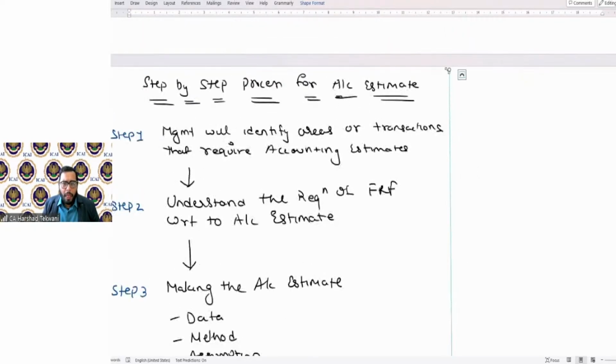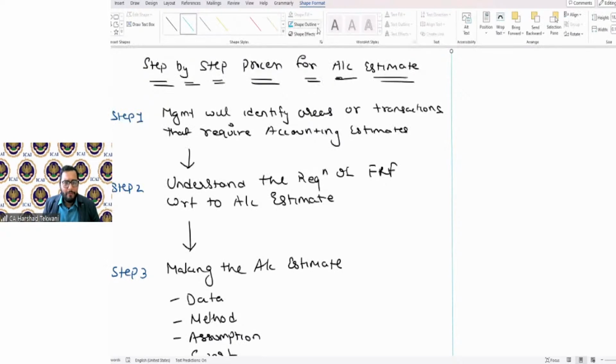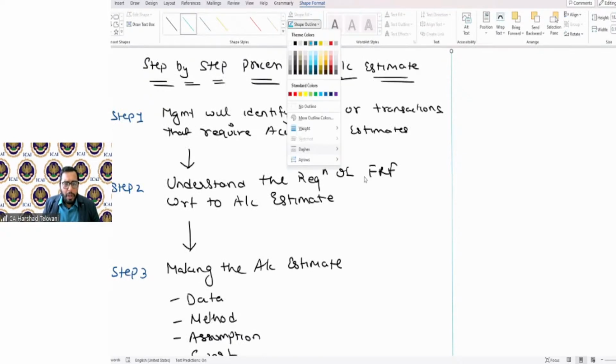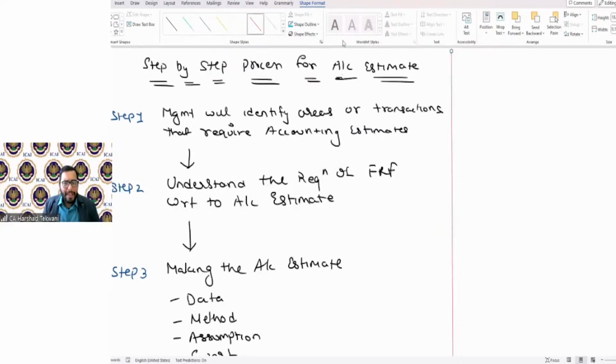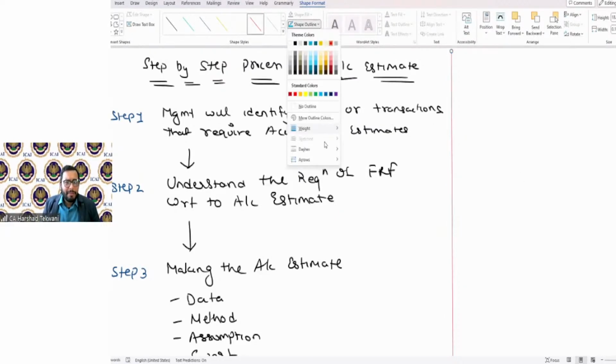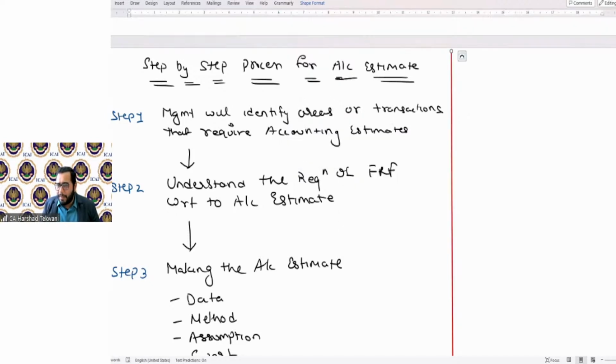So basically, let's say for example, management has made this particular estimate by following these procedures. Now what we will do is we will understand what estimates and how they have made them. So let's say for example, the first step, management will identify the areas for which they require accounting estimates.